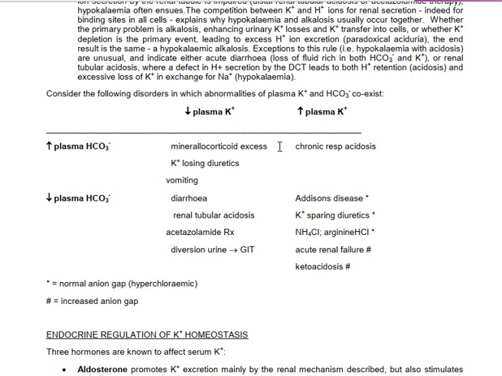As I've told you, when there is acidosis for a long period of time in the body, potassium ion is going to enter into the circulation. That's why you have an increased level of plasma potassium ion. So if you have a chronic acidosis, just know that potassium is going to enter into circulation.